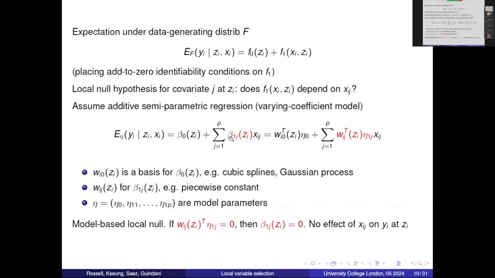And since this guy in red is equal to this linear function of parameters, doing variable selection locally amounts to testing whether the linear combination of the parameters is equal to zero. And that's something that we know how to do, right? We know how to test for linear combinations of parameters. So I've taken a potentially complicated problem and turned it into a much simpler problem. I've linearized the problem, and then I'm just looking for zeros in linear combinations of parameters.